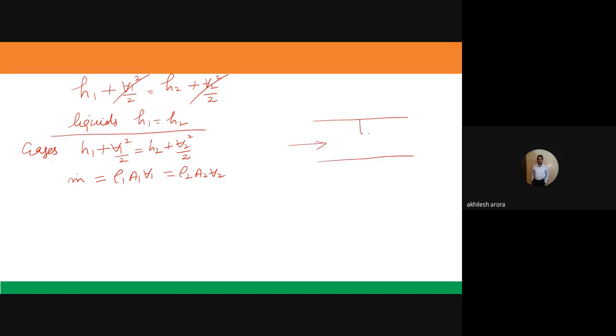Okay, so the pressure of the gas here is P1, and the pressure of the gas here is P2. P2 is less than P1, so P1 is greater than P2. When the pressure of the gas is more, density rho 1 will be greater than density rho 2.